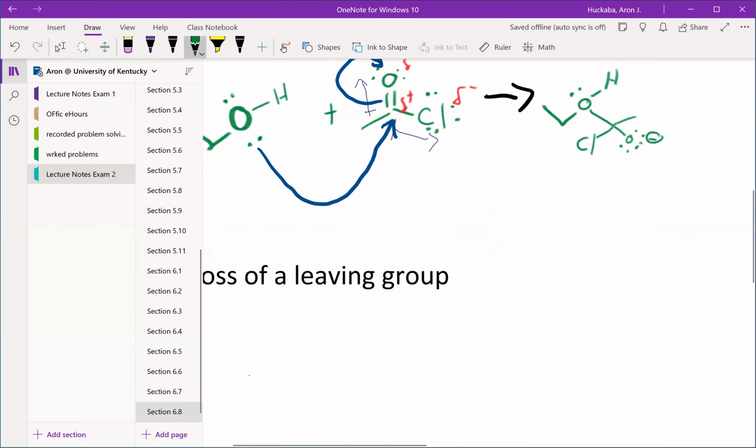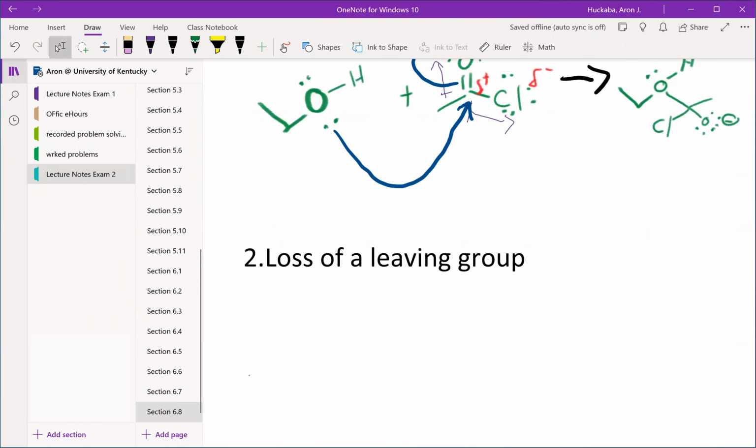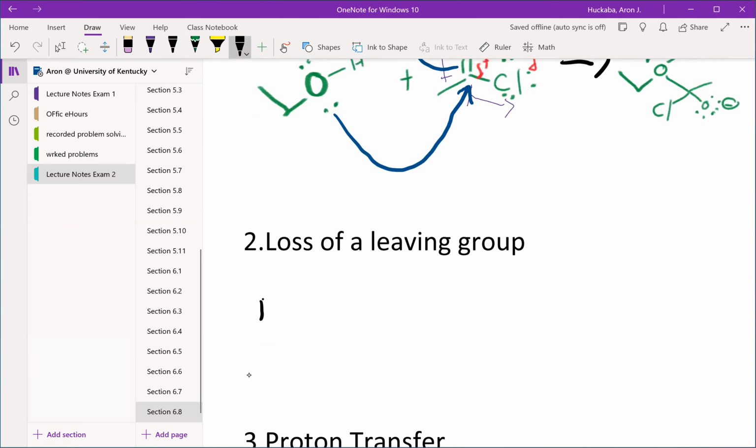Okay, so our next one is called loss of a leaving group. So here, this comes into play when perhaps you have some group like maybe a nitrogen as your nucleophile, and the nitrogen is going to attack, or it comes into close proximity to this molecule, this ethyl bromide here.